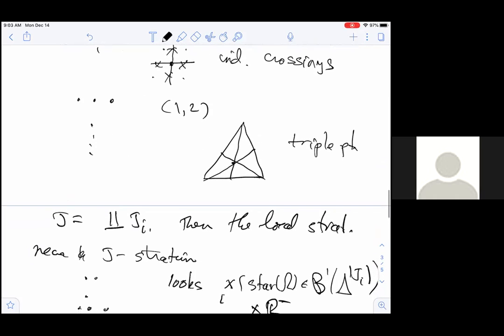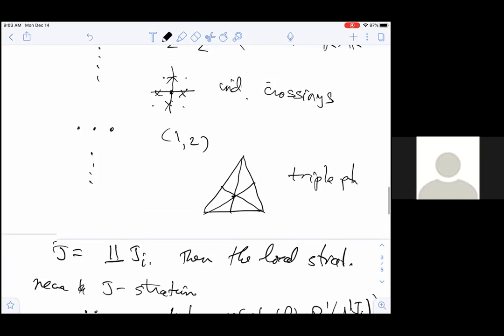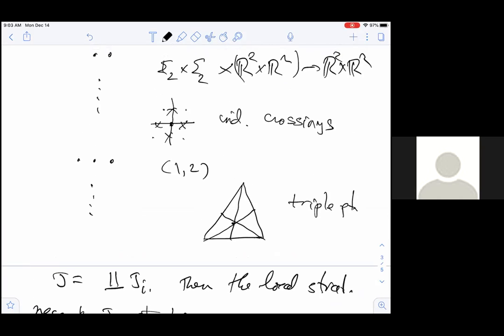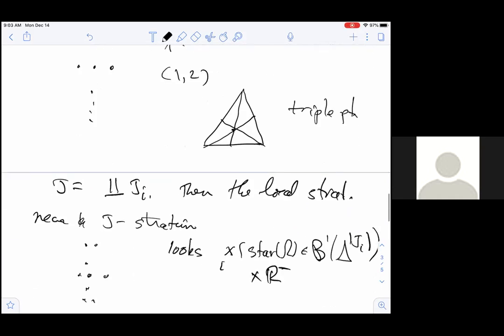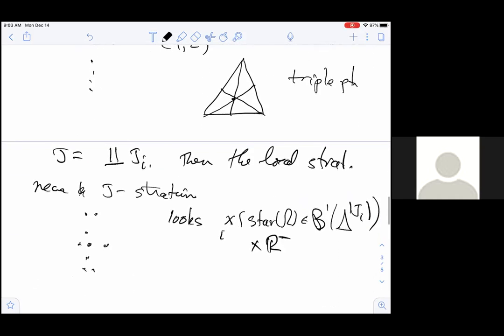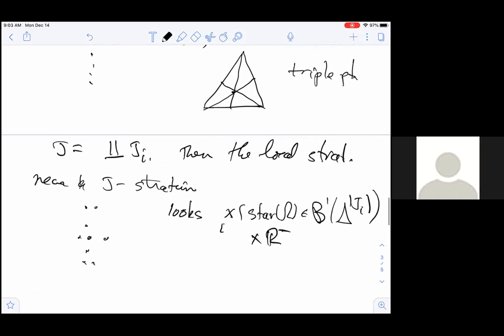And when J corresponds to a triple point, you get the neighborhood of the barycenter in the first barycentric subdivision of the triangle. And in general, you get products of barycenters in various simplices going with the various maximal intervals in J. So it's a nice combinatorial stratification coming from a triangulation, a product of triangulations of various simplices, across a Euclidean space.